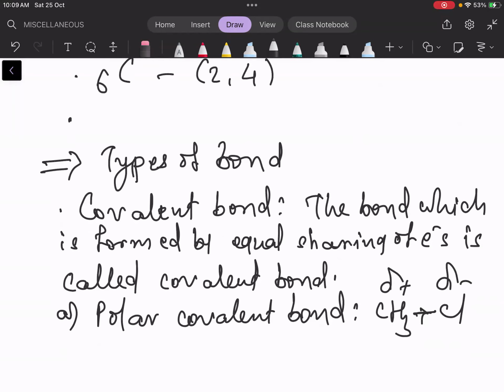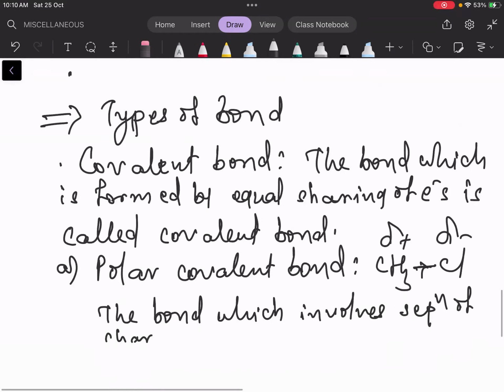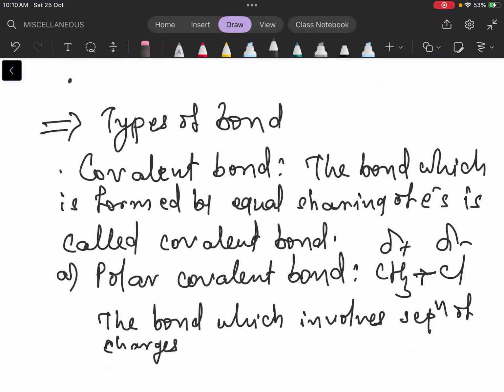And the bond formed, what is that called? Polar covalent bond. The bond which involves separation of charges is called a polar covalent bond.